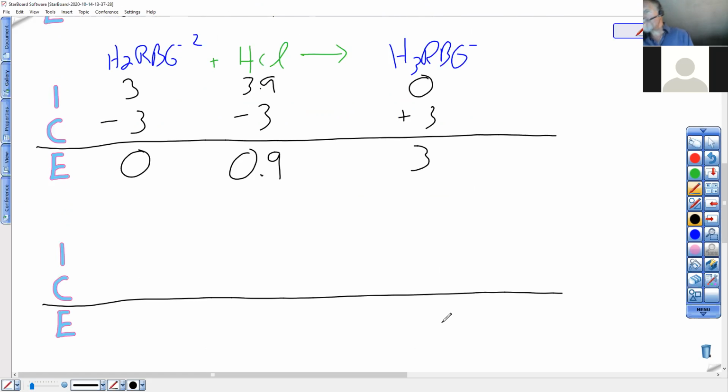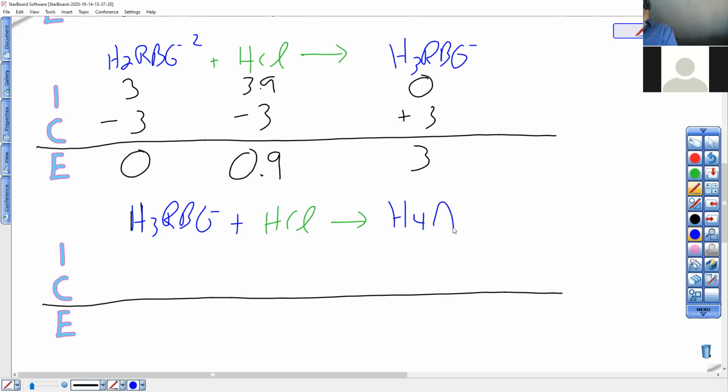Final ice problem. H3RBG negative. It's going to react with HCl. So finally we know what the acid in our buffer is. It is the one with the fully protonated RBG.